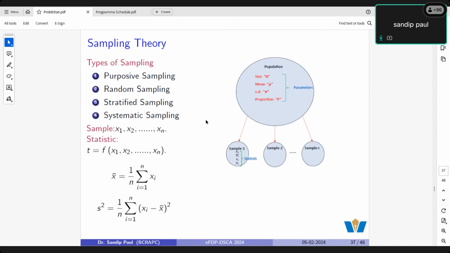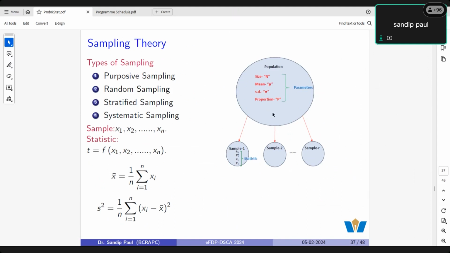First, sampling is the most important part of data science. Here, suppose we want to study a population. Please check the diagram. Suppose this set denotes the entire population, the population of a country, and we want to study some parameter of that population.